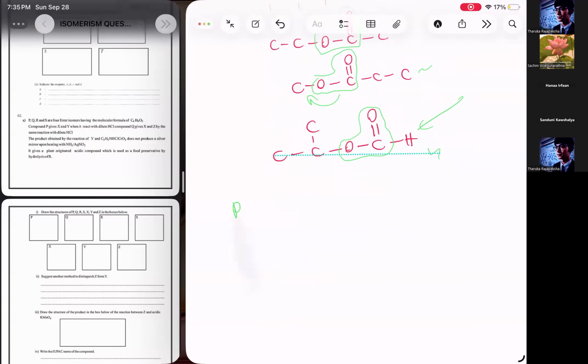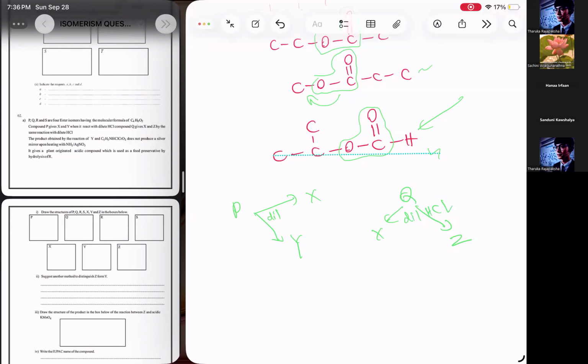When dilute HCl is added, it dissociates into two compounds, breaking into X and Y. Compound Q gives X and Z by the same reaction with dilute HCl. P gives X and Y, Q gives X and Z.